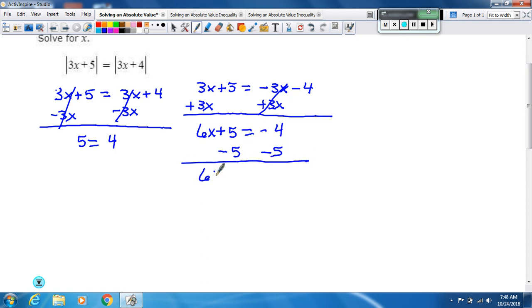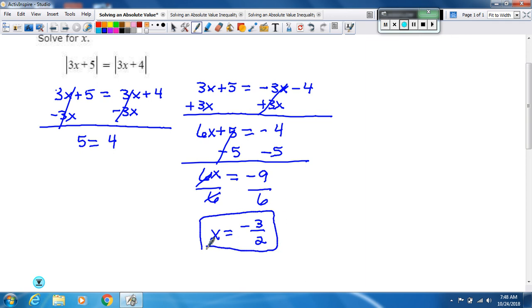So that gives me 6x, opposites cancel, equals negative 9. Divide by 6. Top cancels with bottom. So x equals, you've got to simplify all fractions, so you can divide these by 3. So negative 3 over 2 is the only answer for this absolute value equation.